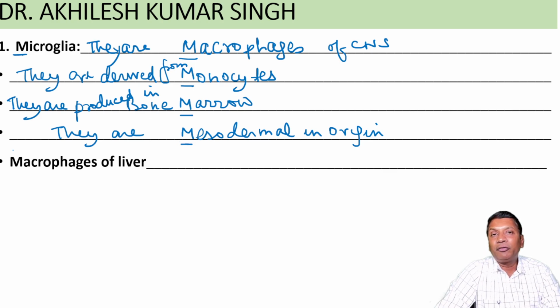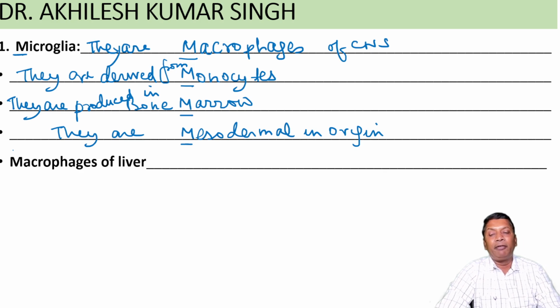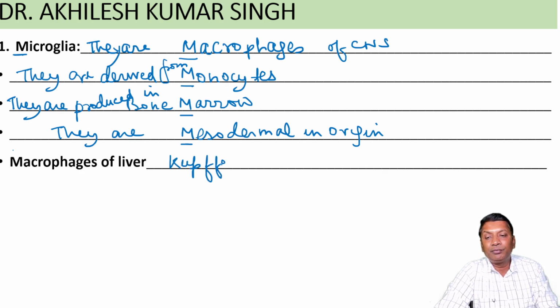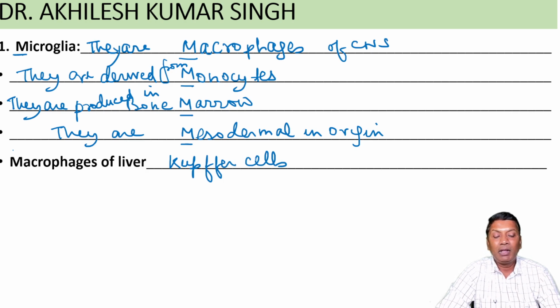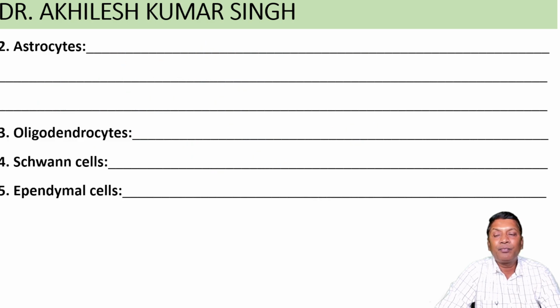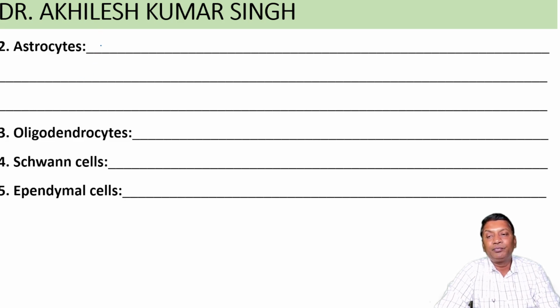Now it is also very frequently asked in the exam what the macrophages of the liver are. You know very well that the macrophages of the liver are the Kupffer cells. Then after the microglia, the second neuroglial cells are the astrocytes. These astrocytes help in the formation of the blood-brain barrier.